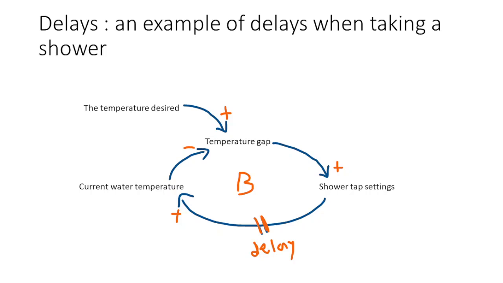In the shower case, the delay is only a minute long, and we draw it between the shower tap settings and the water temperature, because it is in that link that the water makes the journey until it reaches the shower head.